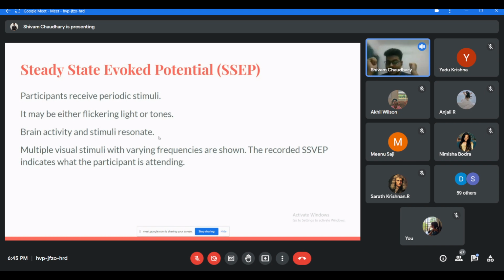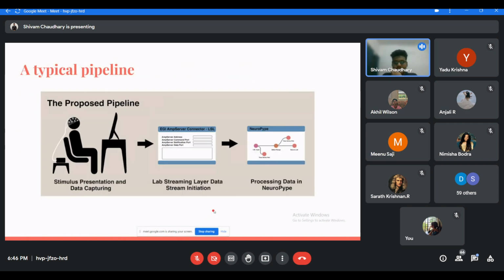That phenomenon is seen inside the human brain as well. If I present a flickering light at 40 hertz, your brain activity will also resonate with it and you'll see significant 40 hertz activity. So there is an SSEP.